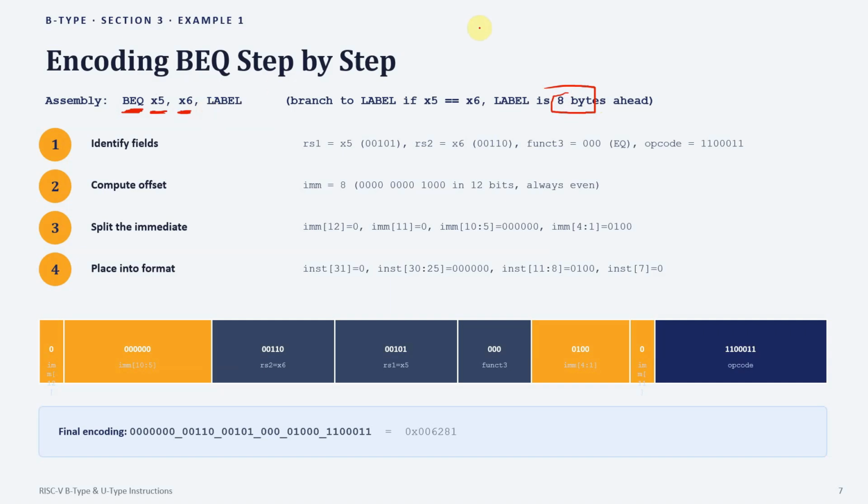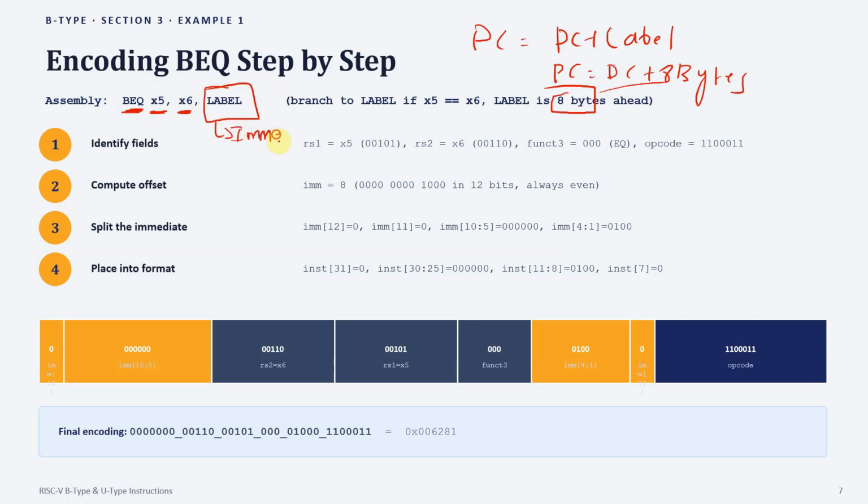If these two are equal, then we are going to update our program counter by PC plus label, which is nothing but PC equals PC plus 8 bytes. This is what we do in the case of the branch equal instruction, or whatever the branch instruction. And this label is nothing but the immediate value which we provide in the instruction itself. Now, this immediate value, whatever we are providing, is a 12-bit value and will be sign extended to a 32-bit value.